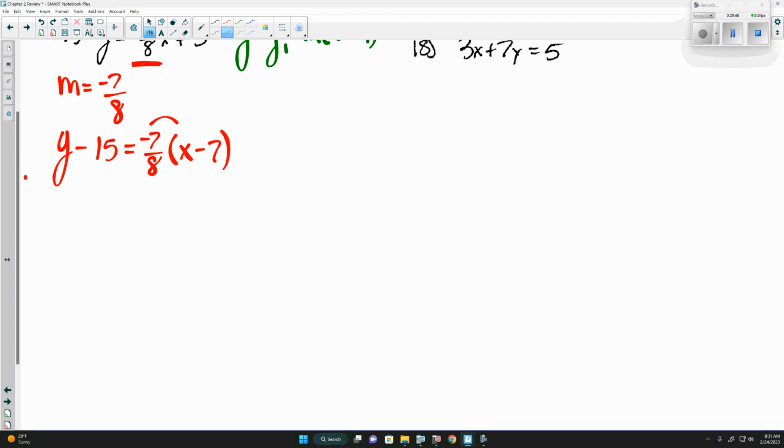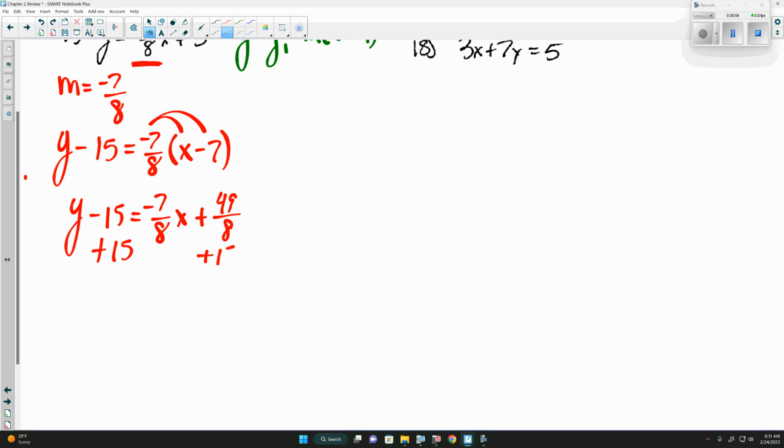Now at this point, we would distribute. So we have y minus 15 is equal to -7/8 x. -7/8 times -7: negative and negative make a positive. 7 times 7 is going to be 49 eighths.